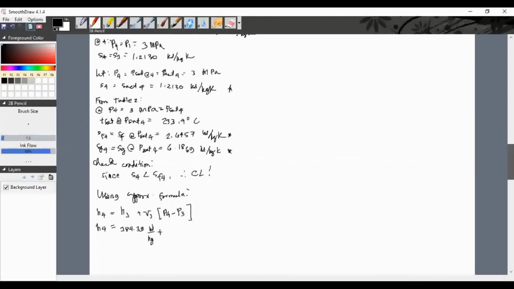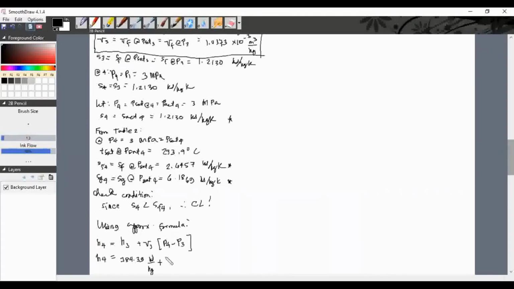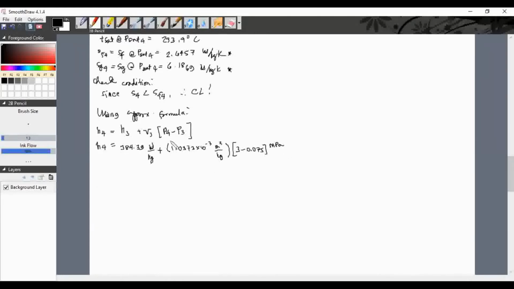V sub 3 natin is 1.0373 times 10 raised to negative 3 cubic meter per kilogram mass times P4. Ang P4 po natin is 3 minus P3 natin ay 0.075. Yan po ay naka-megapascals. So convert natin itong part na to.